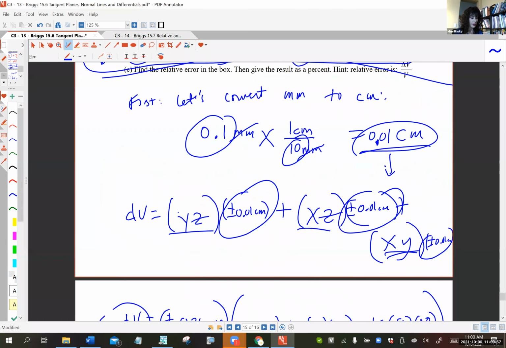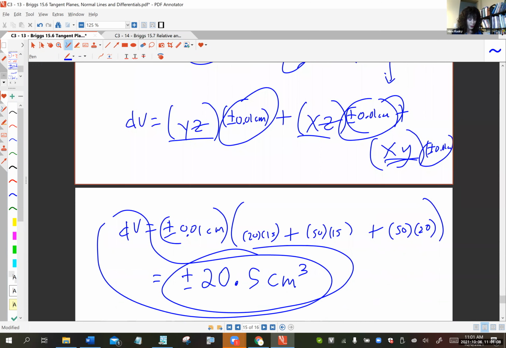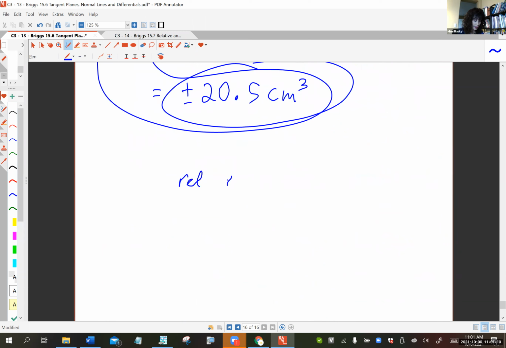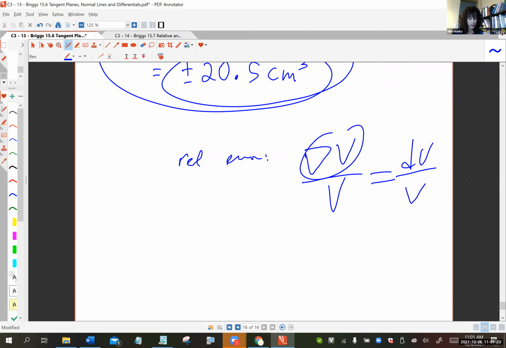Now, what about relative error? Because a lot of scientists and engineers have to figure out relative error. Relative error is how far off you are divided by your measurement. So relative error is delta V over V. But delta V is basically our differential, dV. We're going to use our approximation.